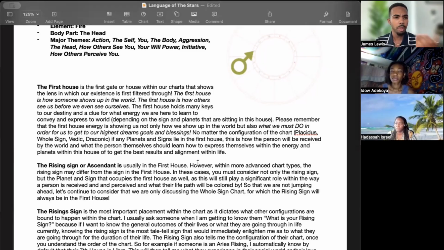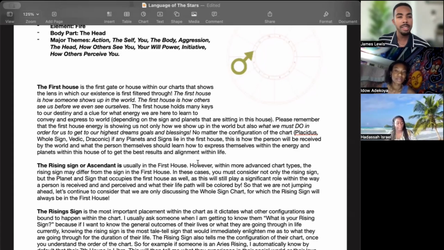Or they'll even say your rising sign is a Libra, right? And then you'll see in that Placidus that it's kind of skewed, like your rising sign is up in the 12th house, but then you still have that Virgo in the first. And you're like, well, what do I do with that? You follow not only that you're a Libra rising, but you follow the planets and the sign that's in that first house, because it will still play out good. And that's how you find alignment within your chart or within your life, or a person's life, or whoever you are dictating to or deciding what the outcomes are of the person.